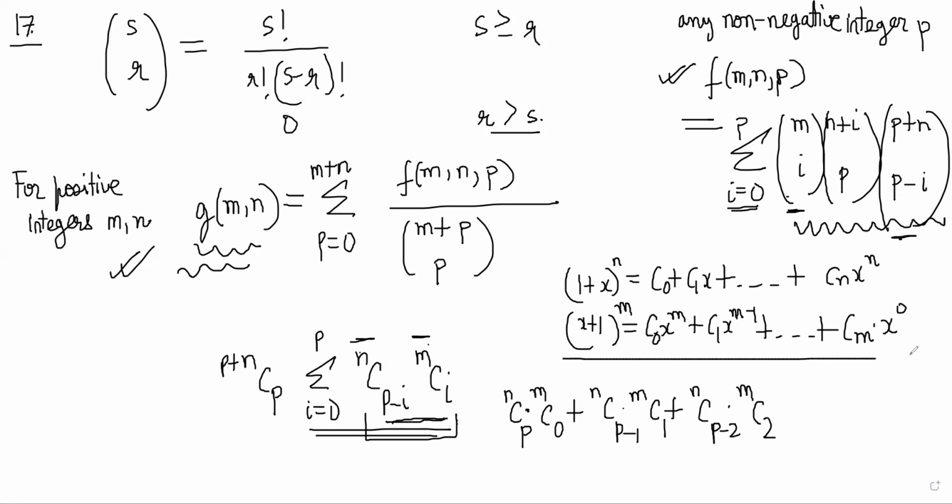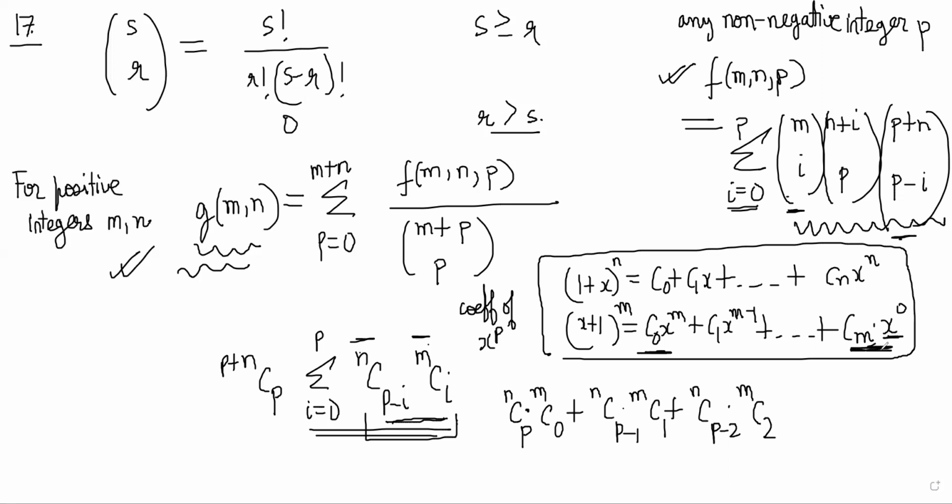If you take the product of these two and take the coefficient of x^p, how will I get a coefficient of x^p? I will take nCp, that would be the coefficient of x^p, and I'll multiply it with the term with power 0, right?